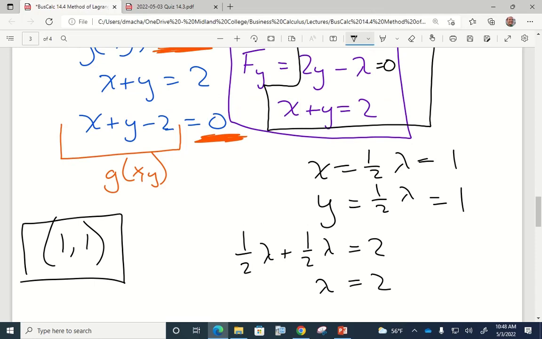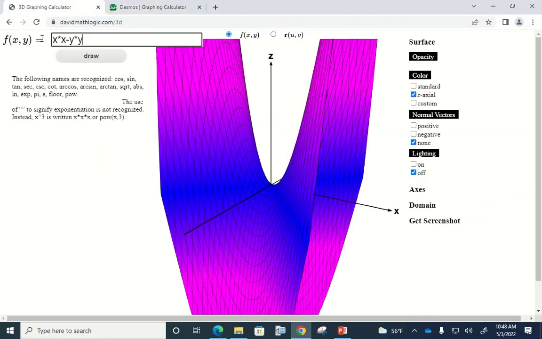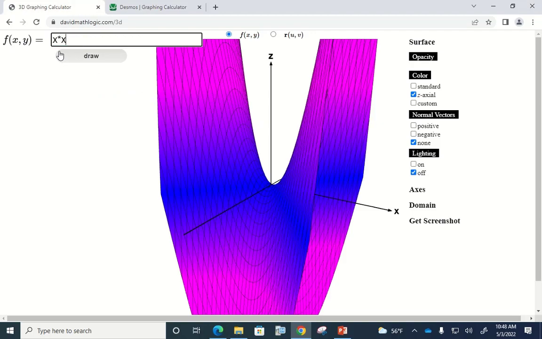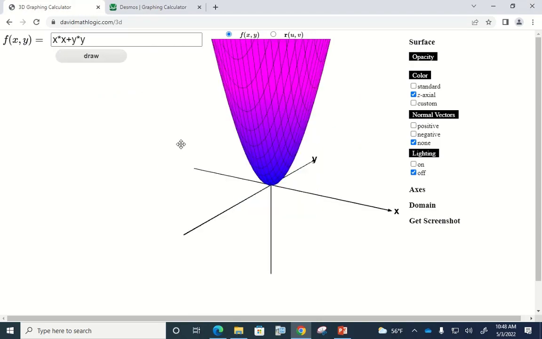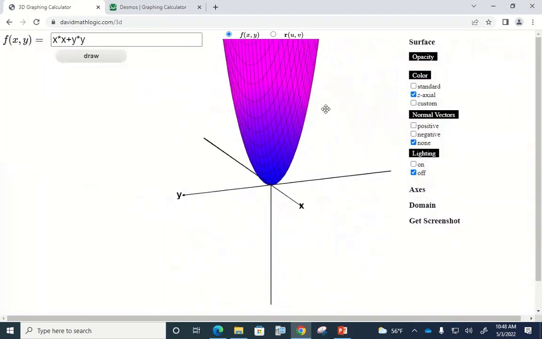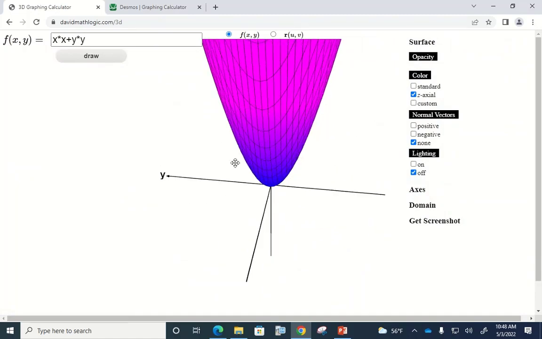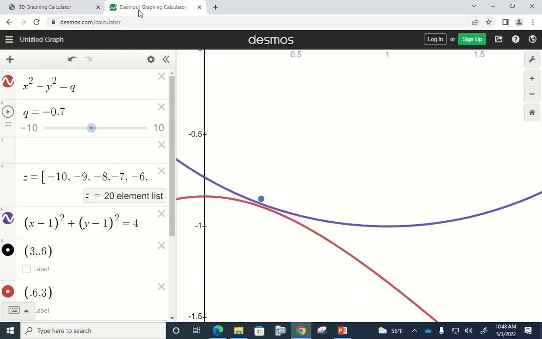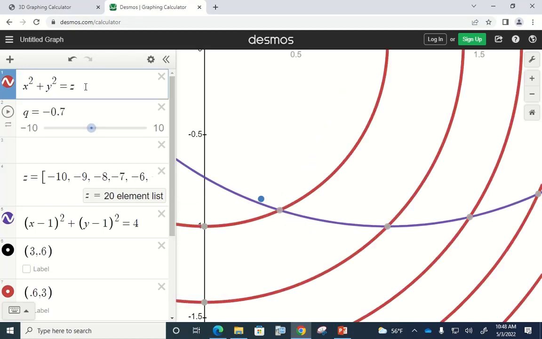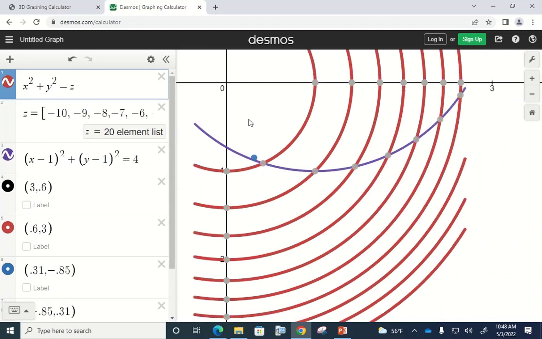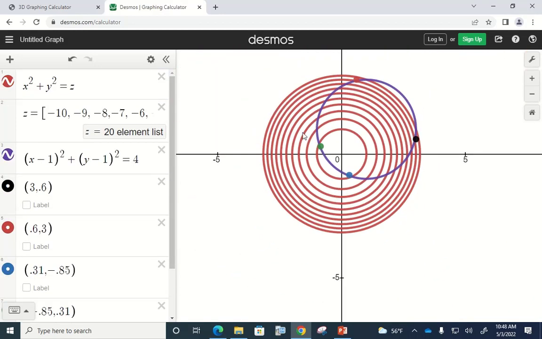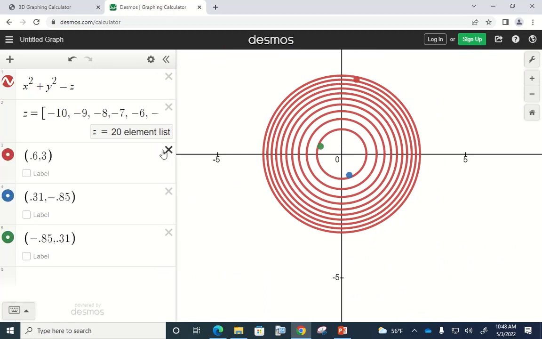And so let's visualize really quick what it is we've done. My multivariable function was x squared plus y squared. So it was this paraboloid that has a minimum at the origin. But the contour lines of that paraboloid would look like concentric circles around the origin. Right?